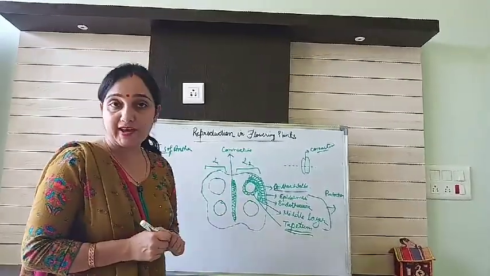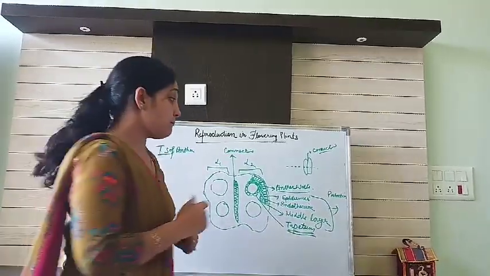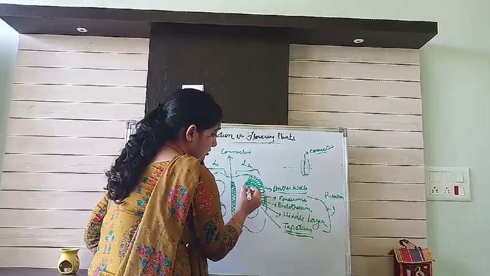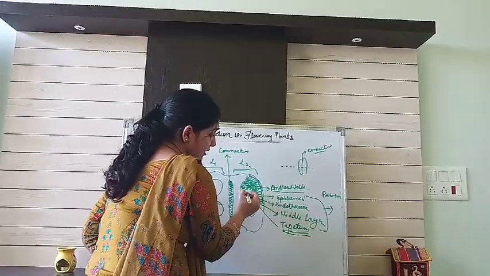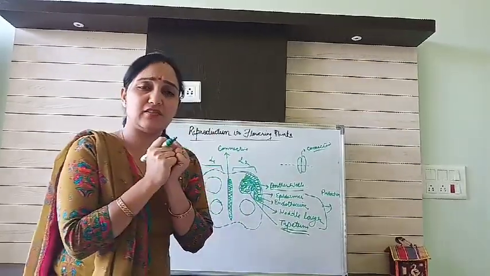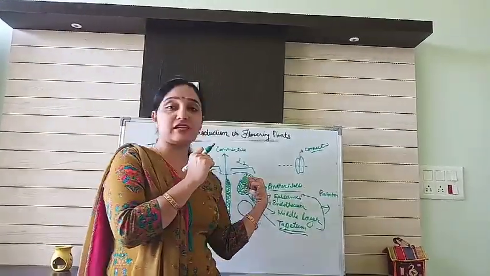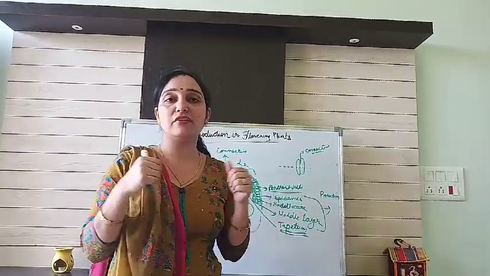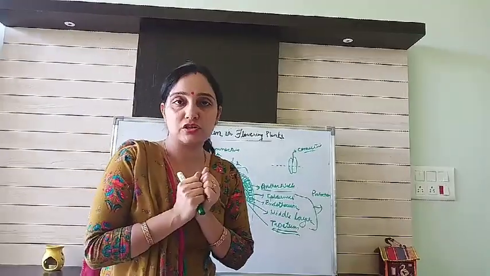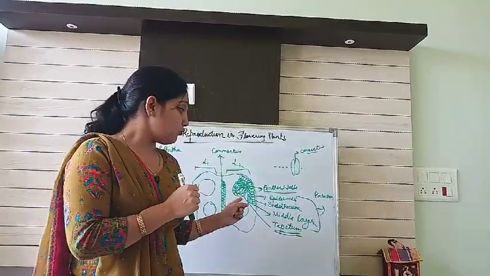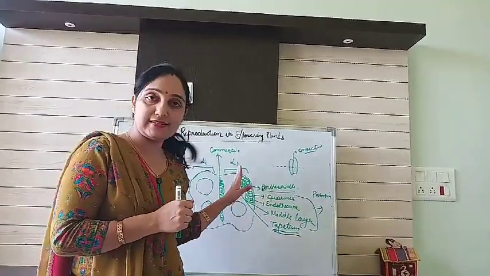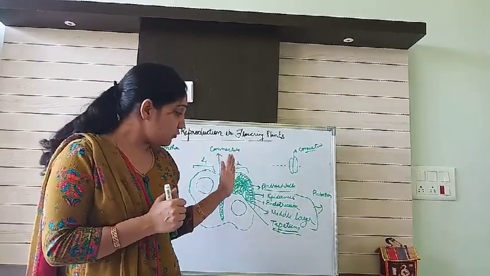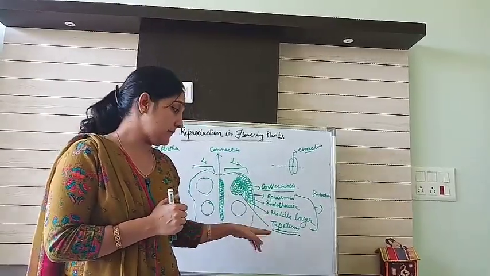In the microsporangium, we have compactly arranged cells. They are tightly arranged cells which are going to become microspores later. These cells are very tightly attached to each other. This is the very young stage. Now they are developing. When they start developing, what happens?